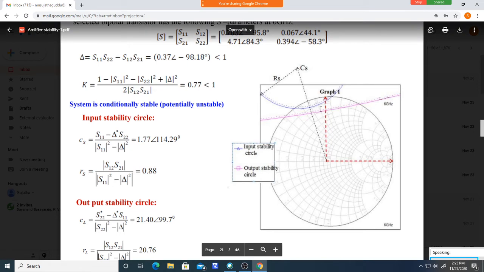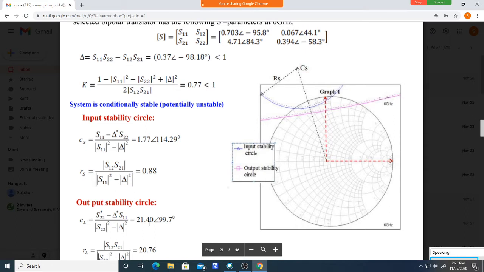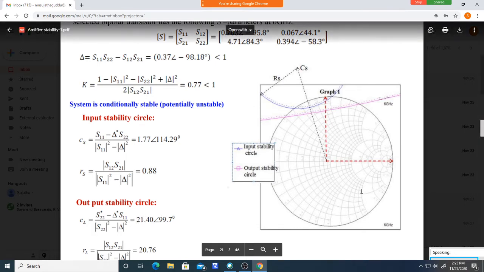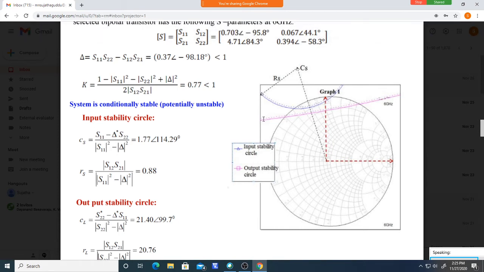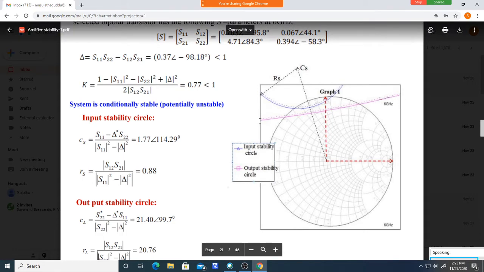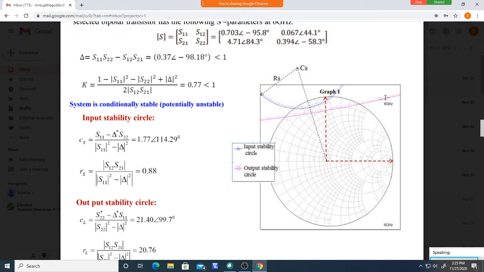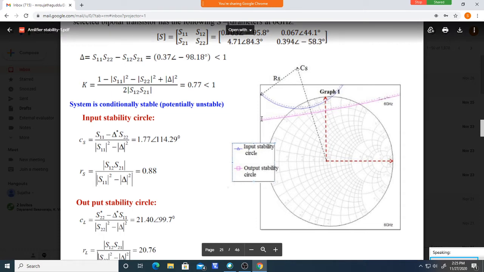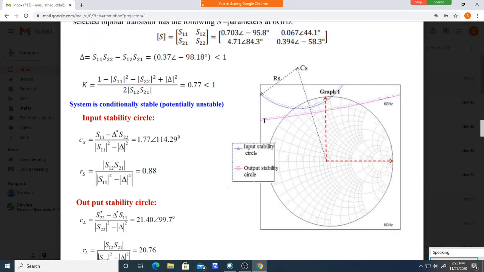We will be drawing a line like this, but it is 21.40, multiplied by 6, so the radius of the circle is very big. Approximately, I have drawn this using the AWR tool. A part of the circle is passing like this, the pink colored one. Okay, we will see.